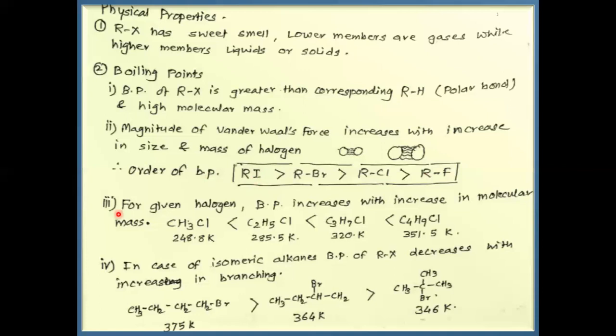Third point: for a given halogen, boiling point increases with an increase in molecular mass. CH3Cl is less than C2H5Cl, less than C3H7Cl, less than C4H9Cl: n-butyl chloride, propyl chloride, ethyl chloride, and methyl chloride.